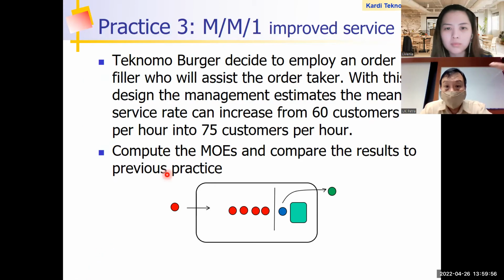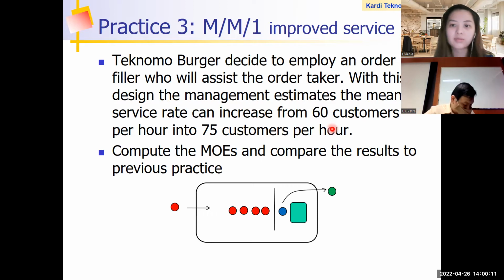So now suppose we improve the service. Of course that is our goal, right? We want to improve the service. So now they decide on a service improvement. With management, they estimate the mean service rate increases after the experiment from 60 customers per hour to 75 customers per hour.